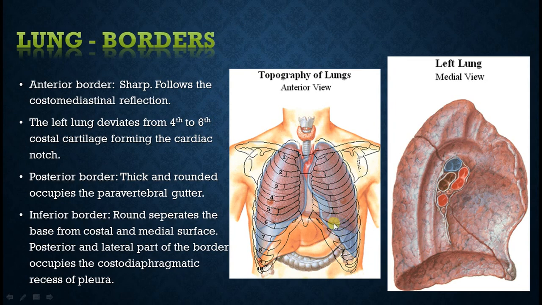This is the lower border of the lung. Sixth, eighth and tenth, whereas you add the number 2 to all these in case of the lower border of the pleura: 8th rib, 10th rib and 12th rib respectively for the mid clavicular, mid axillary and scapular line. So that is about the inferior border.